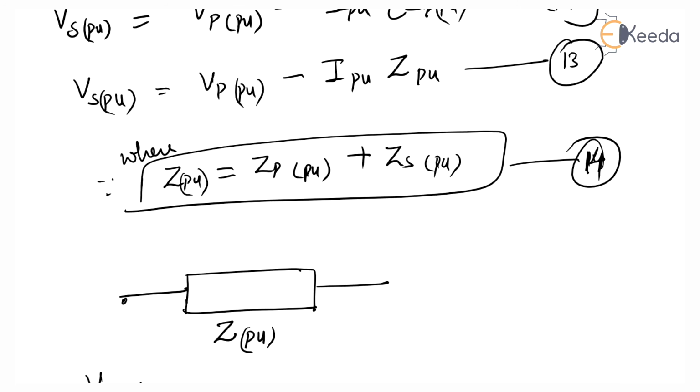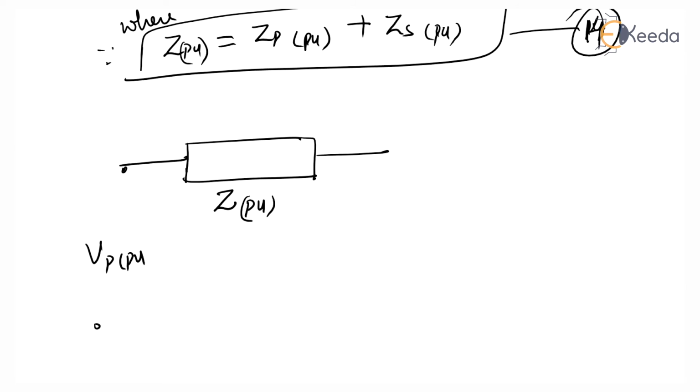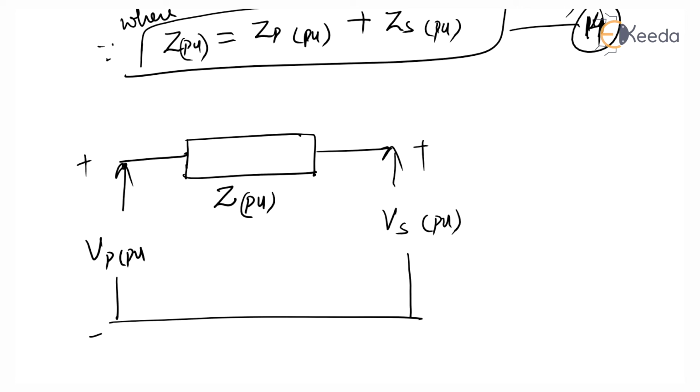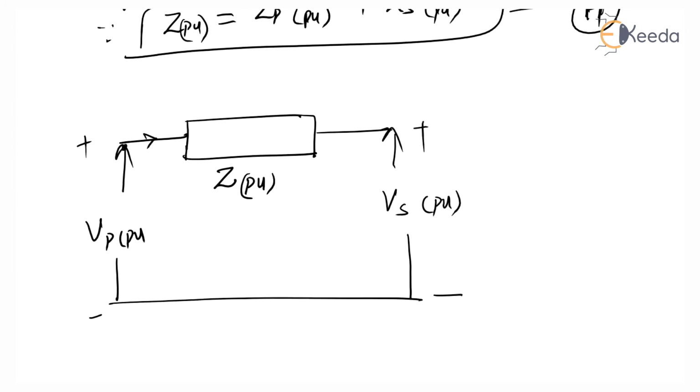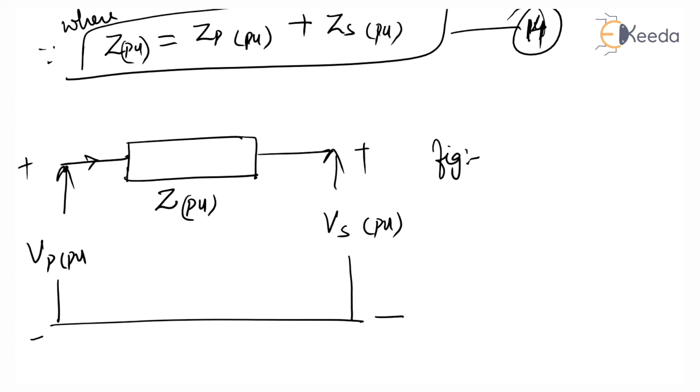See this equation, and this is the polarity, and on this side Vs per unit. Here is the current. So this figure shows the per unit equivalent circuit of the transformer.